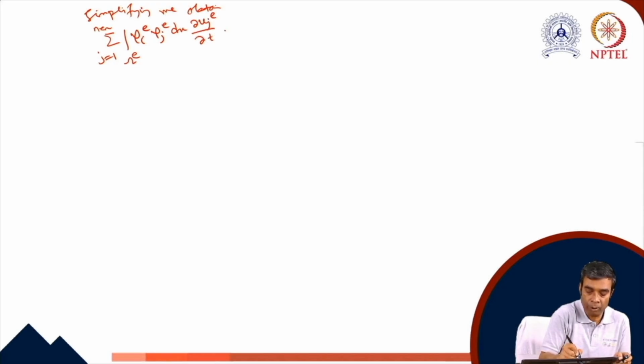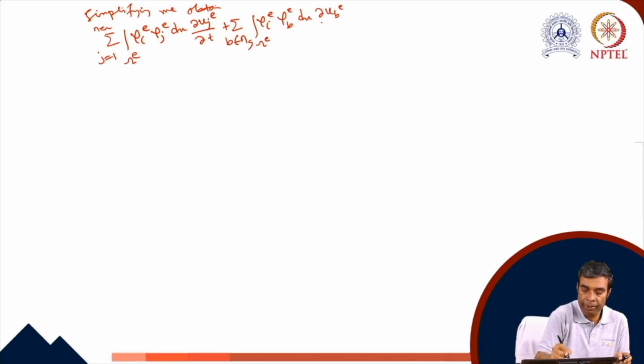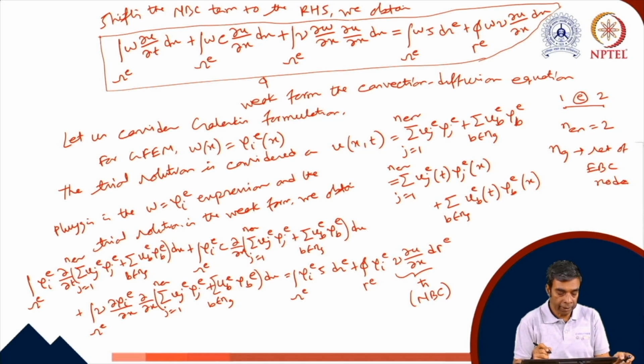This is the first term of the unsteady contribution. Then we have the unsteady EBC contribution. It comes as summation over b belongs to eta_g, integration over omega e psi_i^e psi_b dx, del u_b/del t.